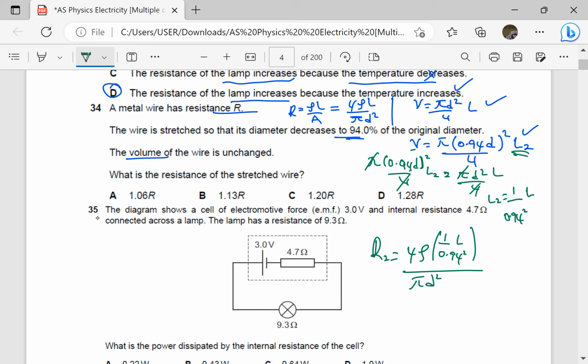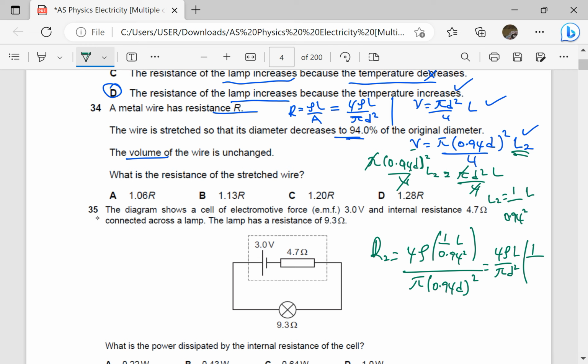So I just simplify this. Remember, the diameter for the new wire is not d, it is 0.94 d, so I have to substitute here, and this is squared. I factor out: I have 4 rho L over pi d squared in brackets, times 1 over 0.94 going into the denominator.